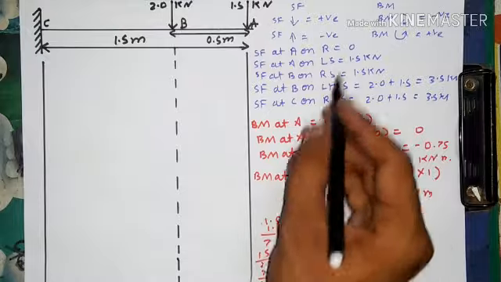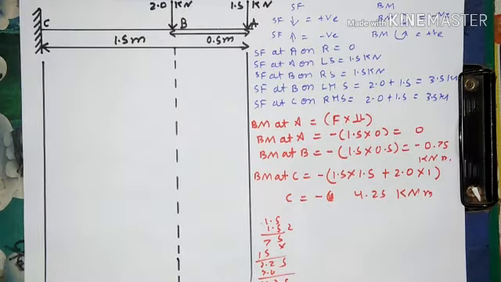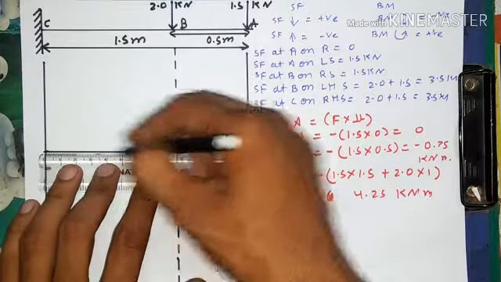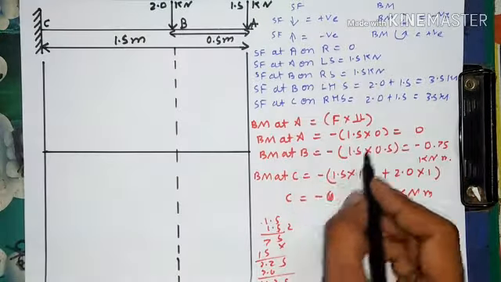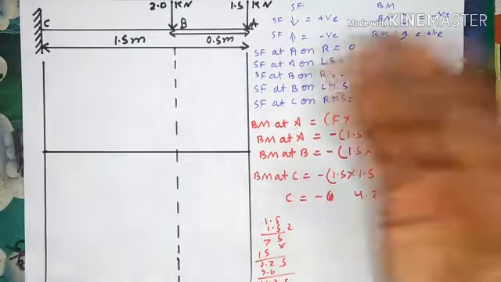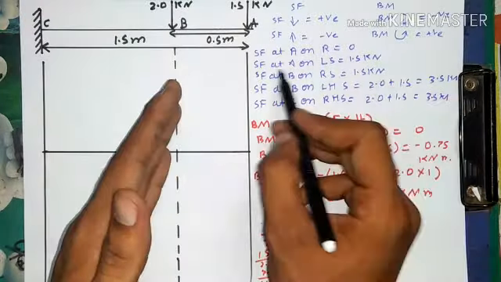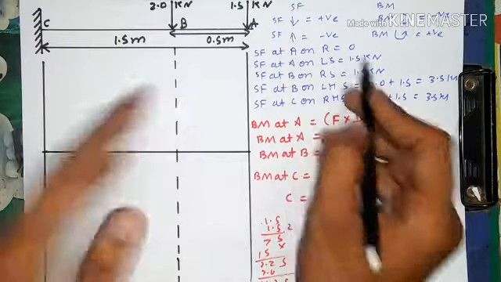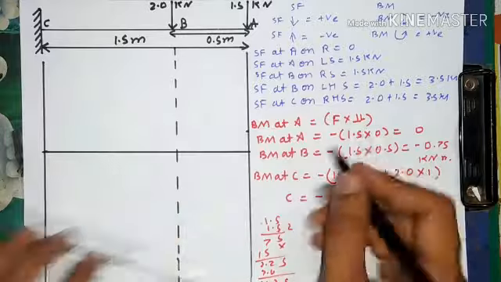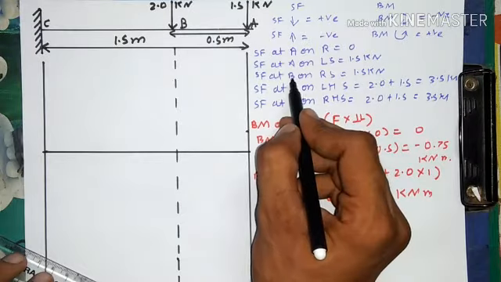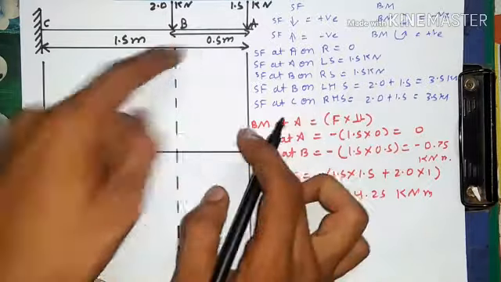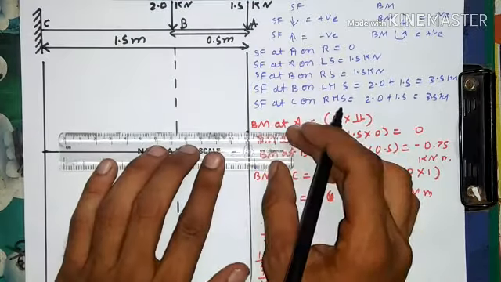So draw the diagram. Shearing force at point A is 0 on the right hand side, and on the left hand side the shearing force is 1.5. Shearing force at point B on the right hand side is also 1.5. So this is a line parallel to the axis.